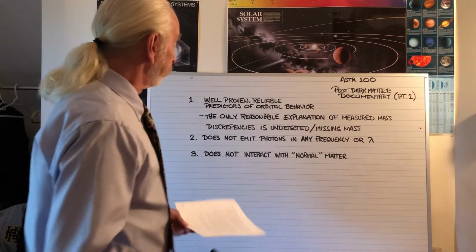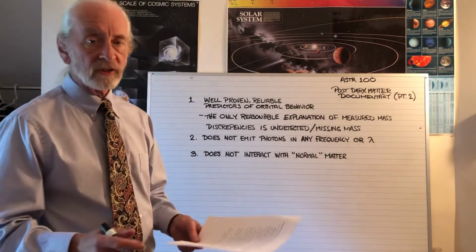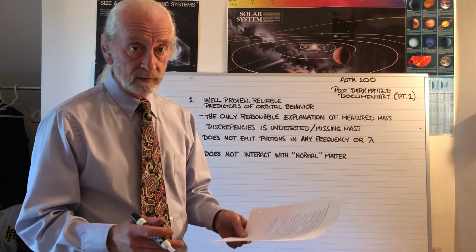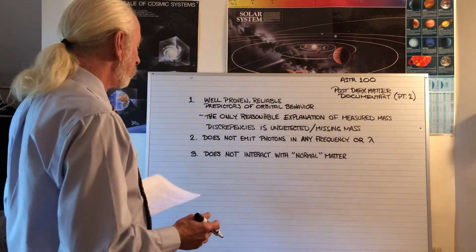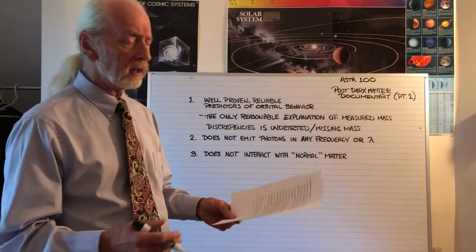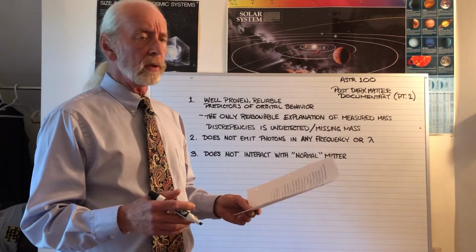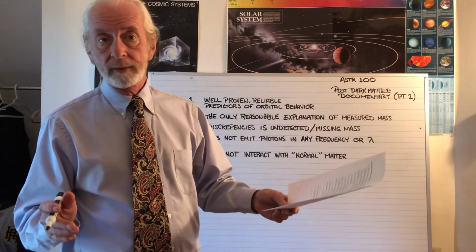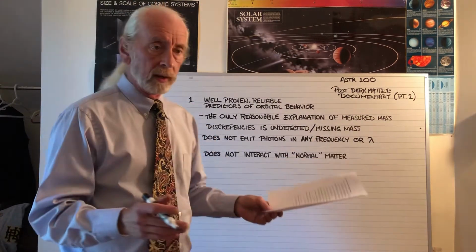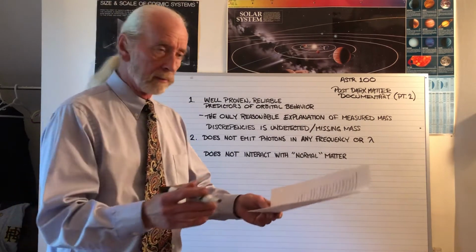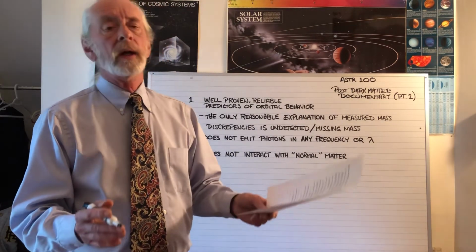Okay, when we say normal matter, that's the stuff that makes up us, atoms and molecules. And when we say it does not interact, we're talking about it on a chemical basis, among others. So, in other words, H2O, that's water, two hydrogen atoms, one oxygen atom, presto, you've got a water molecule.